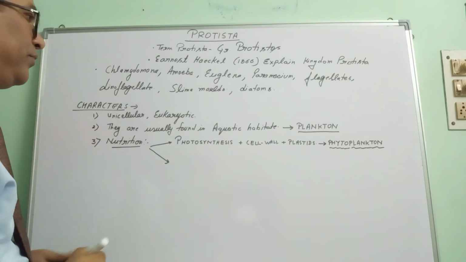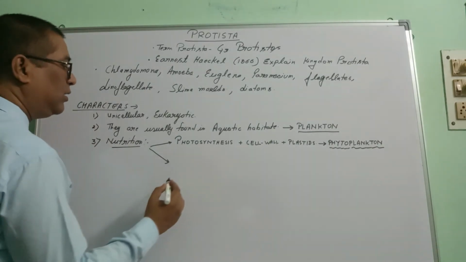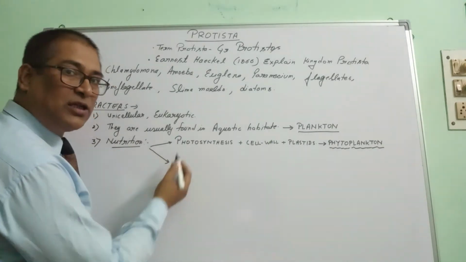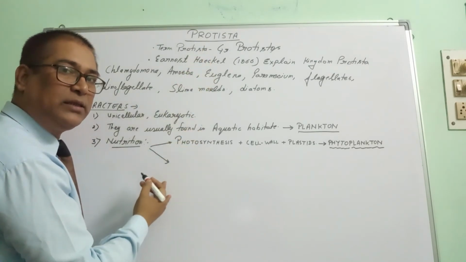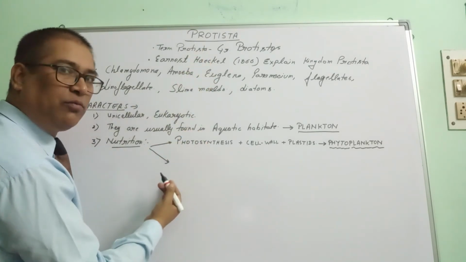Second are the organisms belonging to protistans which do not show photosynthesis.